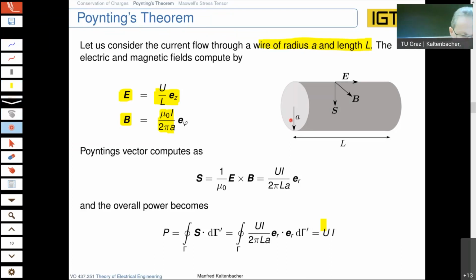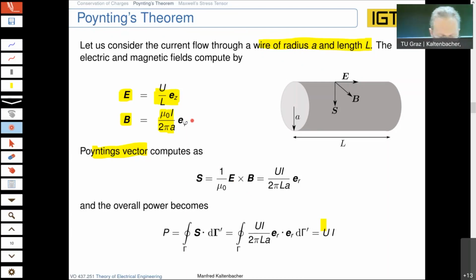If we compute now the Poynting vector, as we have discussed, we take 1 over the permeability and the cross product between the electric field and the magnetic field. Then we have the cross product looking at the direction of Ez cross E phi, and we get out ER.